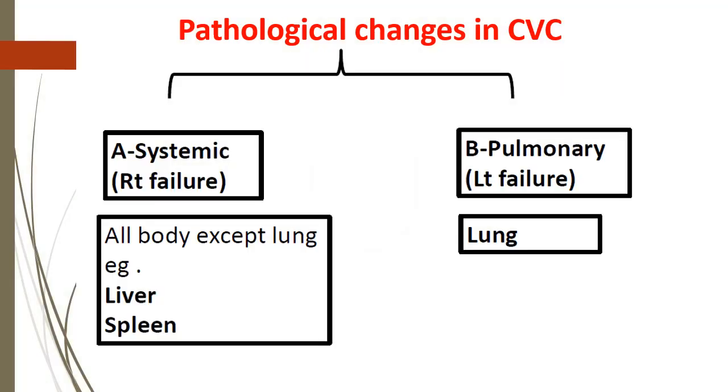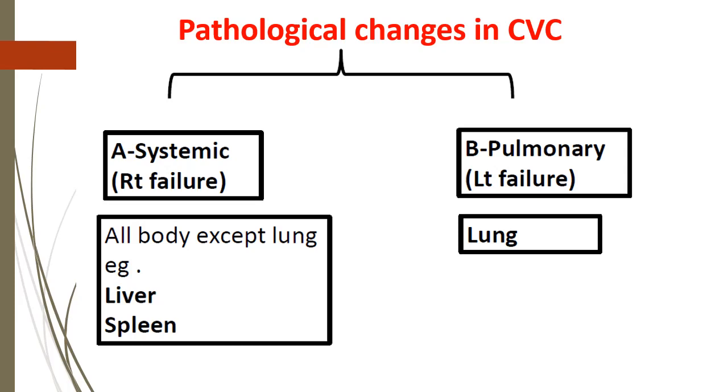And now we will discuss the pathological changes in the chronic venous congestion. For the systemic venous congestion, as I mentioned, all the body is affected except the lung, and we choose two organs as an example for the changes in the systemic venous congestion, which are the liver and the spleen.